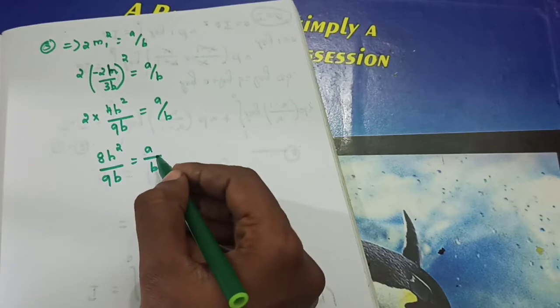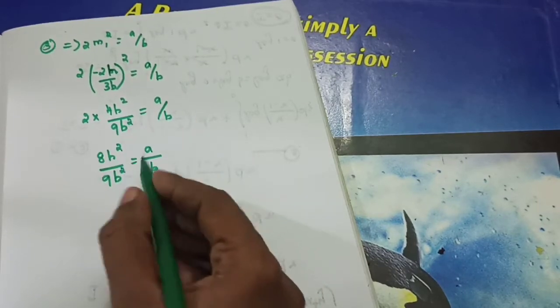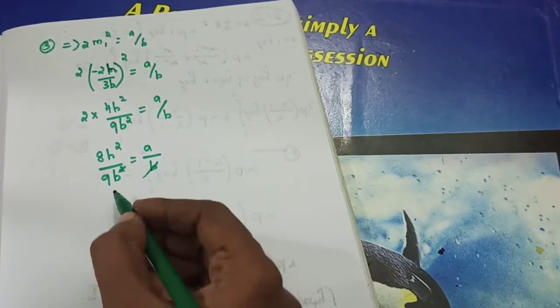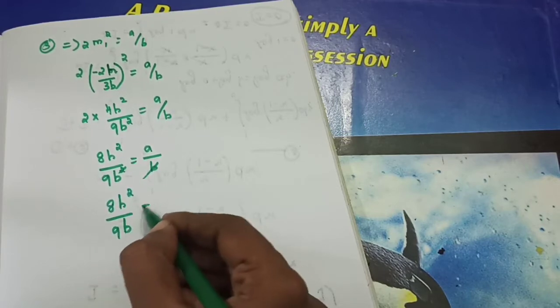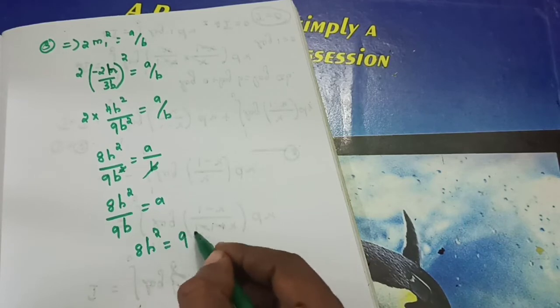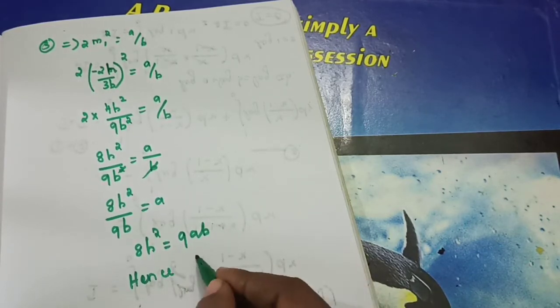In the next step, it is b square, so one b will get cancelled. Otherwise you need to cross multiply. So 8h square is equal to 9ab. This one you need to prove. Hence proved.